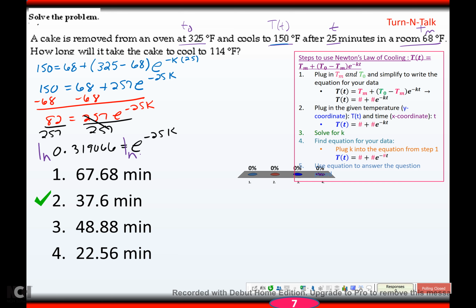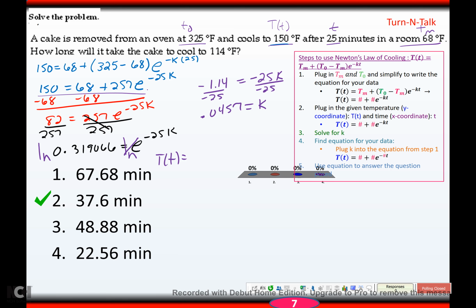So ln of that is negative 1.14 and so on equals, these cancel, negative 25k. Divide by negative 25, and k equals 0.0457.